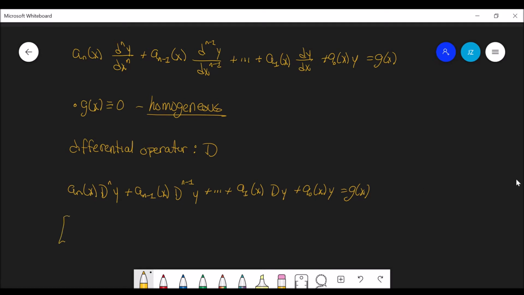So we could also write this a sub n of x times d to the n plus a sub n minus 1 of x d to the n minus 1 plus so on and so forth plus a1 of x d plus a naught of x, y is equal to g of x. This notation is very useful when studying the theory, as we will now see.